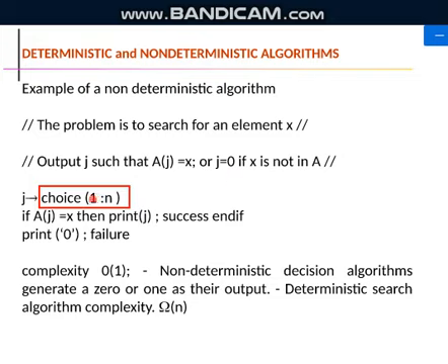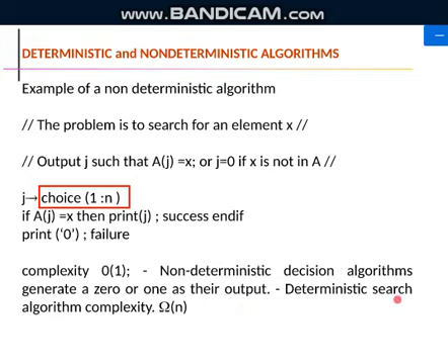So here, this choice algorithm, what we are assuming is it will give the exact position or location of the key element. So we are getting it as success or failure. That is the reason we are assuming that as it gives the answer in one shot, we are considering it as big O of 1. Non-deterministic decision algorithms generate a 0 or 1 as their output.